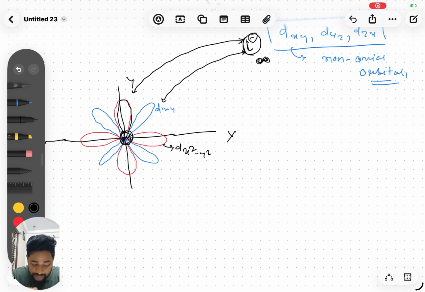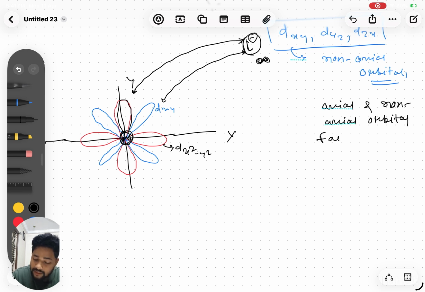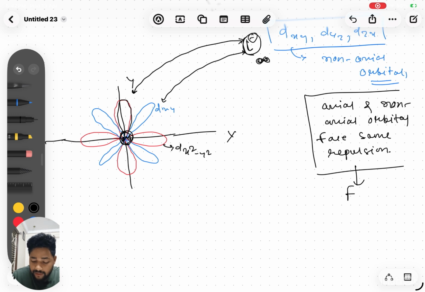Axial and non-axial orbitals face the same repulsion in the far field, when the ligand is at infinite distance.